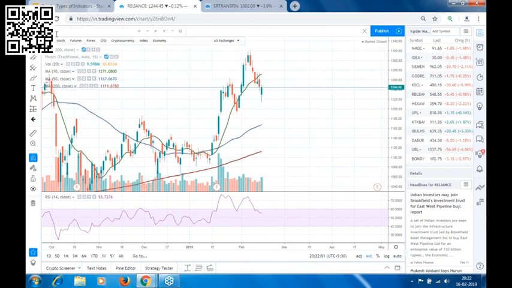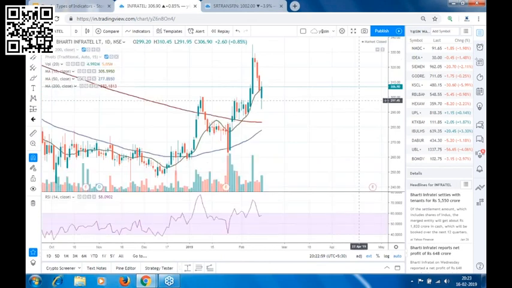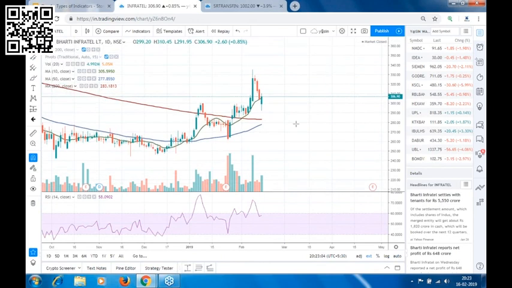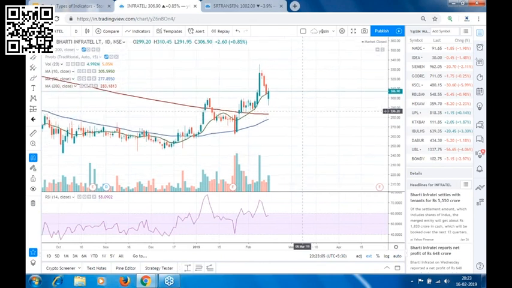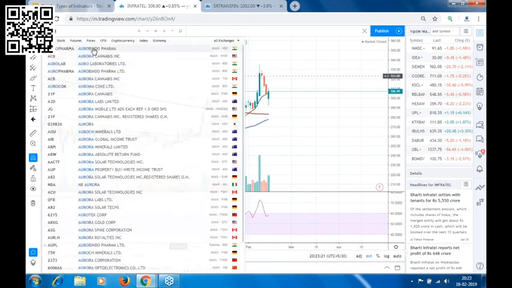Let's check Infratel. Infratel in Reliance has got the same kind of candle formation. Oro Pharma.